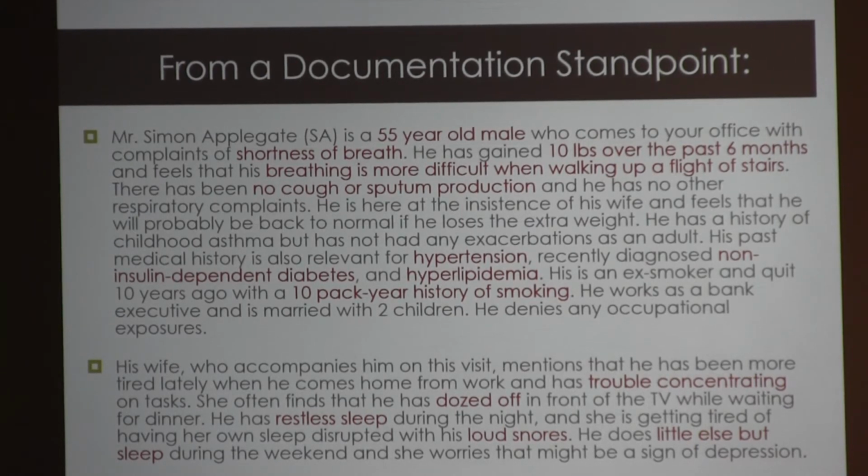Are there any exacerbating factors? What makes it better? Going through the SOCRATES method in order for you to adequately identify their chief complaint. And then also, the ancillary information at the end there is really good: trouble concentrating, dozing off in front of the TV, having restless sleep, loud snoring. These start to get you to justify, okay, this patient might have sleep apnea.